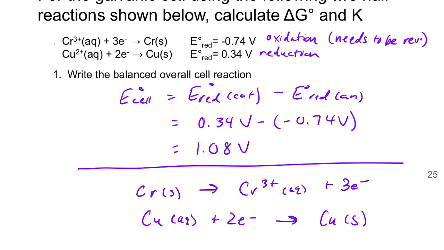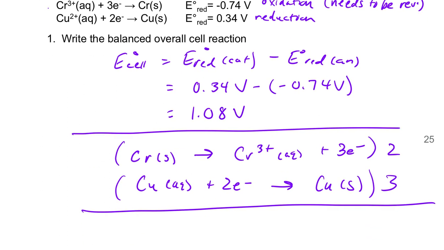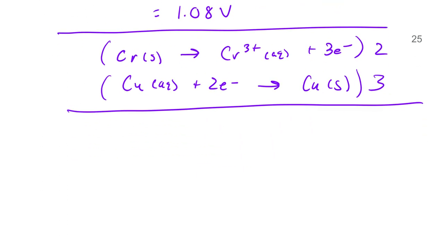If we're thinking about how to balance this, all of our atoms are balanced. The only thing that isn't balanced is the number of electrons. Okay? So we do need to balance those before we can write the overall cell reaction. And so we're going to multiply the chromium half reaction by 2 and the copper half reaction by 3. I'm going to rewrite both of those.